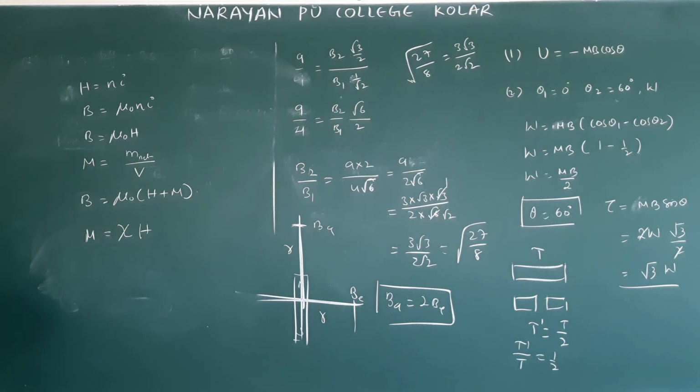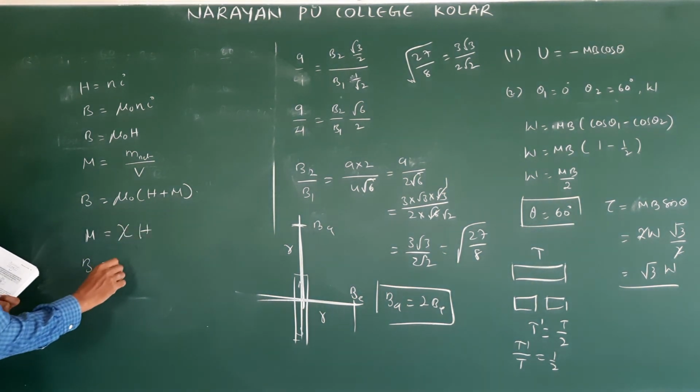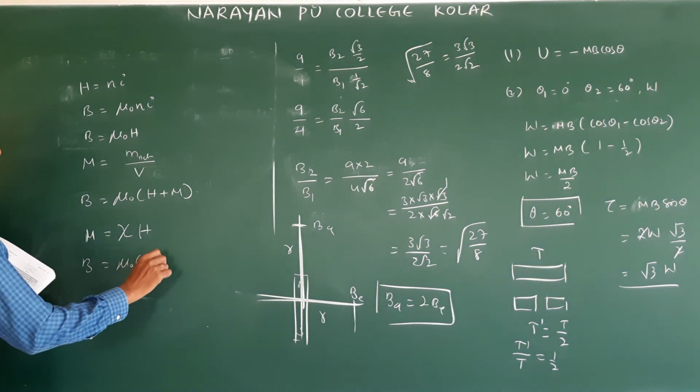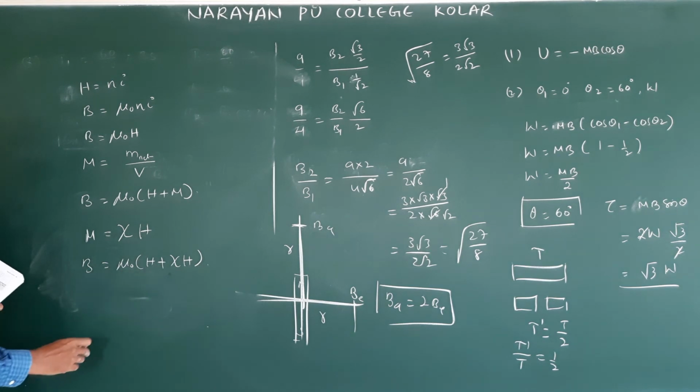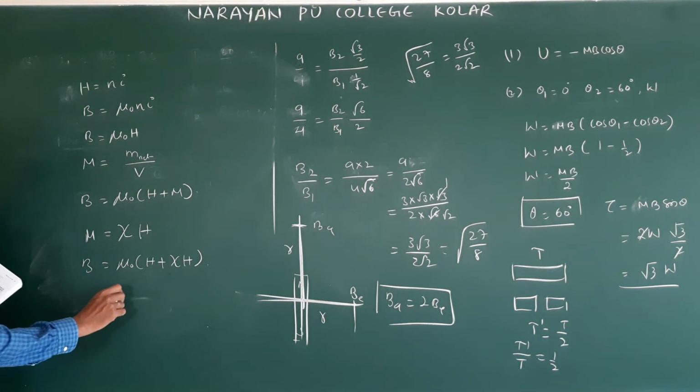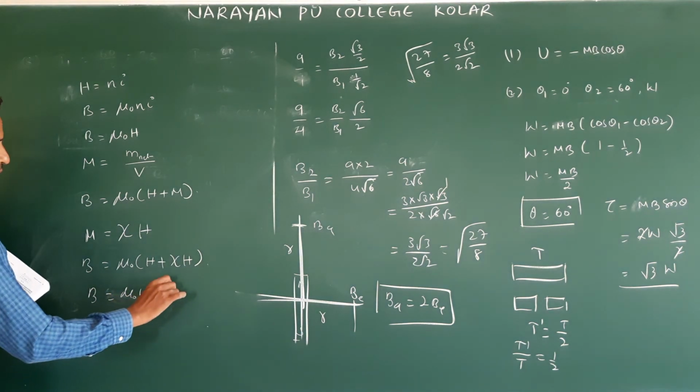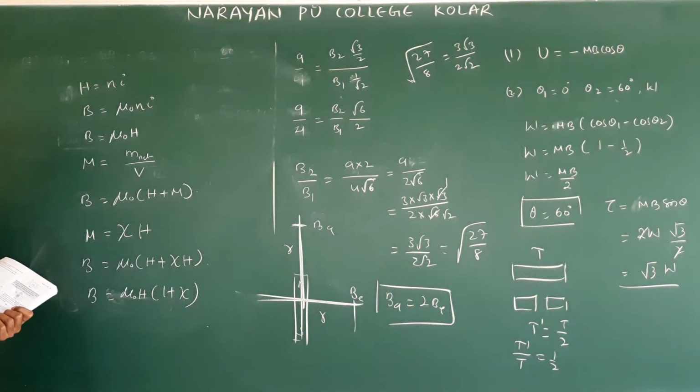So based on the question, we will select the equation. Then B is equal to mu naught H plus M; if you take H common, it is mu naught H (1 plus susceptibility).